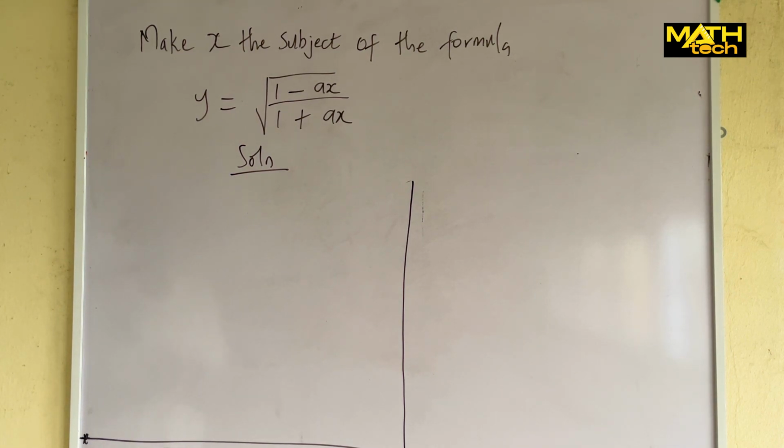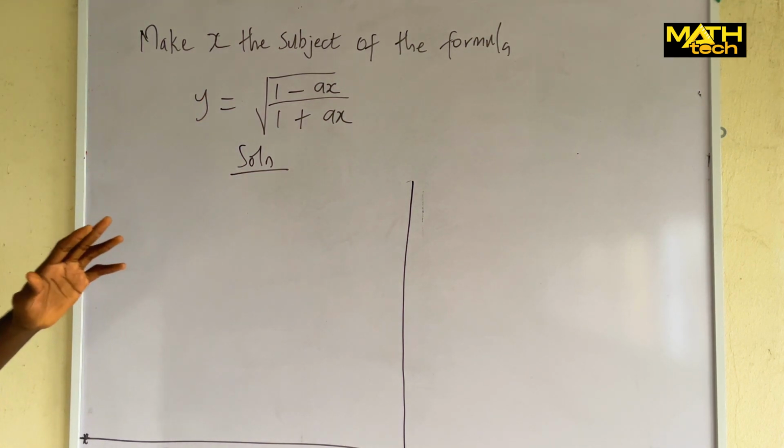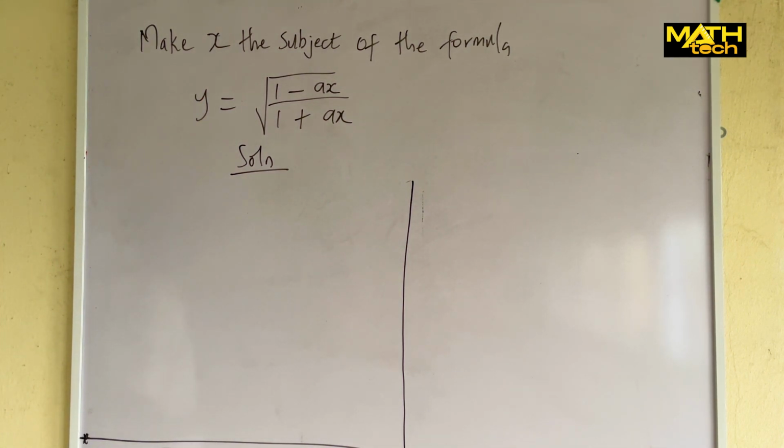Okay, let's go. Having y equal to square root of 1 minus ax all over 1 plus ax, how do we solve this question?